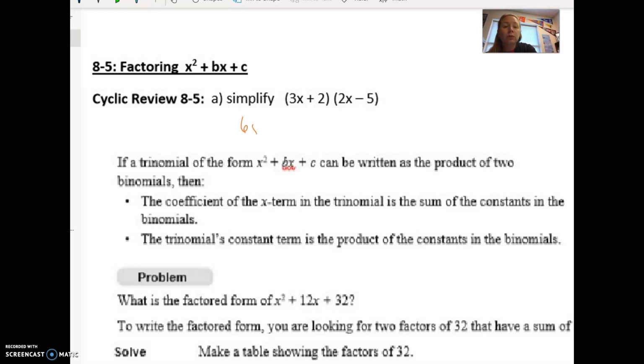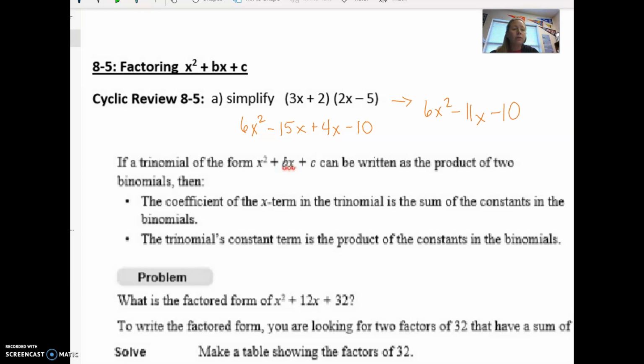So 6x squared minus 15x plus the 4x minus the 10, and of course the two middle terms, we can combine together. So we end up with 6x squared minus 11x minus 10. Okay.